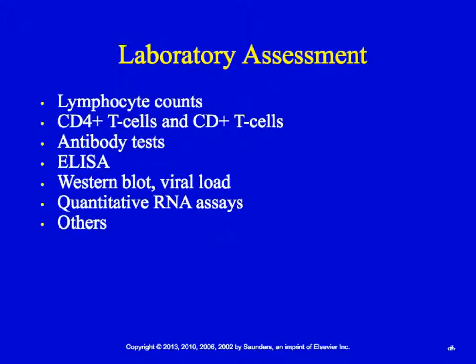They're not going to be an indicator right away. So if people feel like they've been exposed to the virus or they feel they're at risk, they'll do them at different times afterwards to make sure that they are not building up these antibodies, because you won't build them up right away.